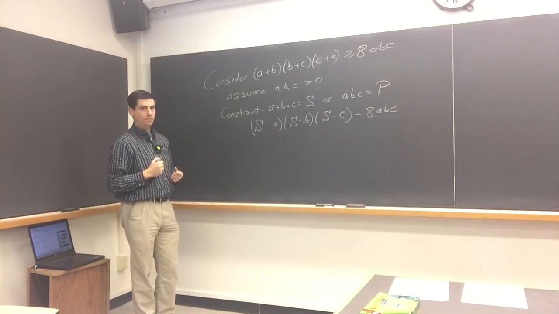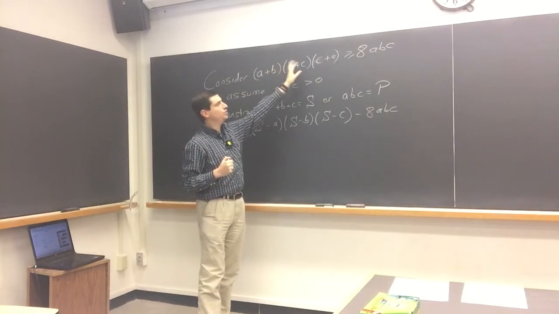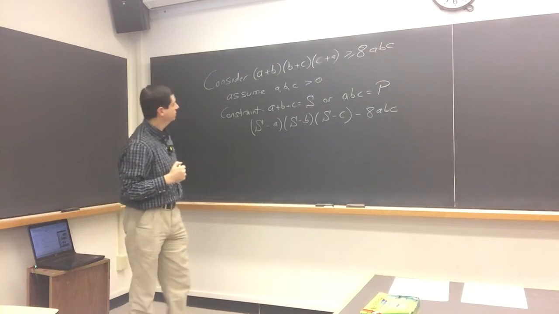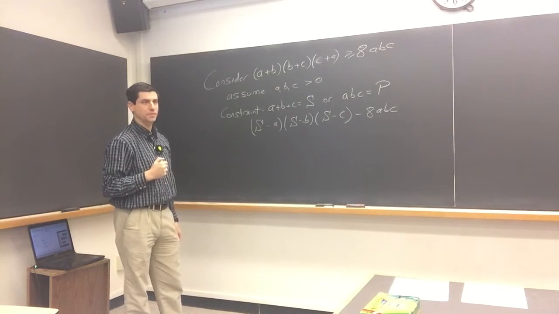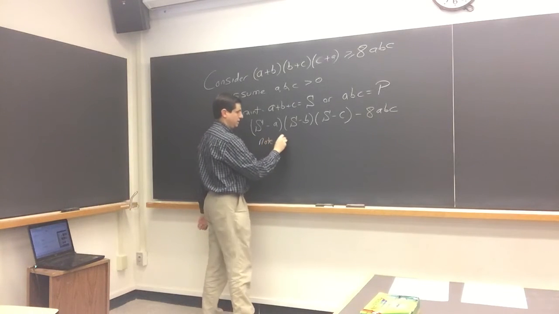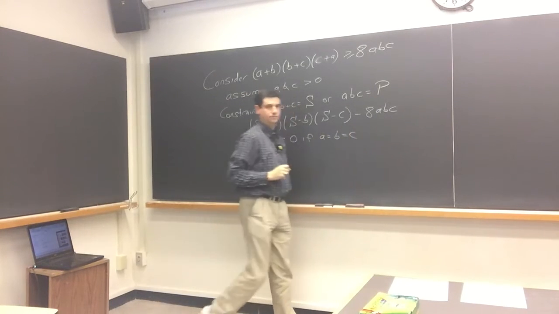Right? And so if we take a equals b equals c, we would notice that we would get equality. I believe. Yes, we would get equality. So it will be 0. So note it is 0 if a equals b equals c.